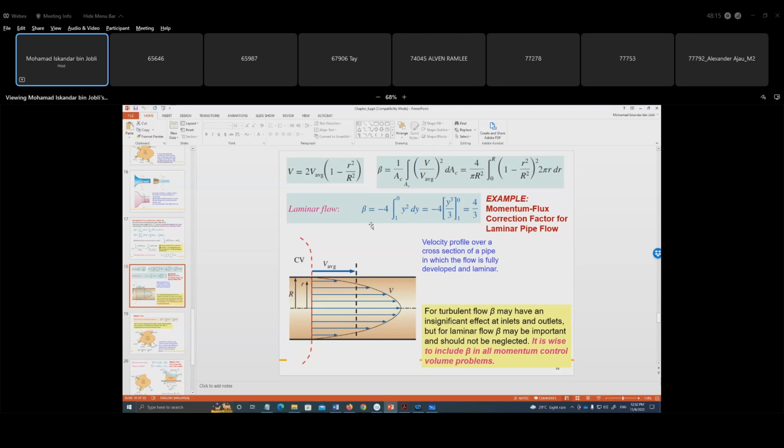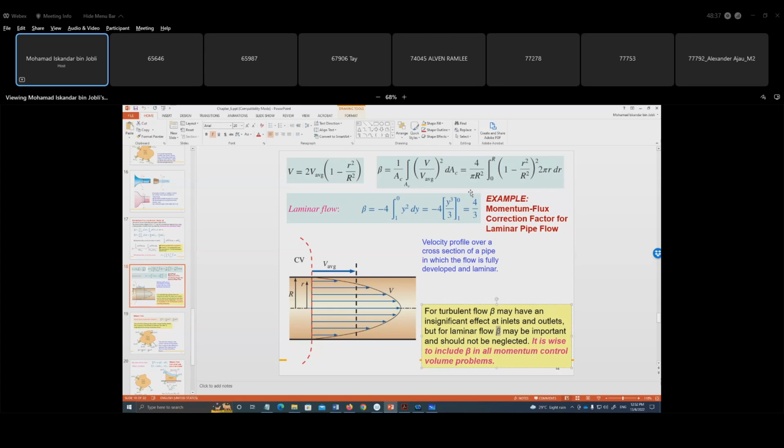It is wise to include B in all momentum control volume problems. For turbulent flow, they put the correction factor as 1 because it's not that significant. However, for laminar, this B value is very significant, so you have to bear it in mind.